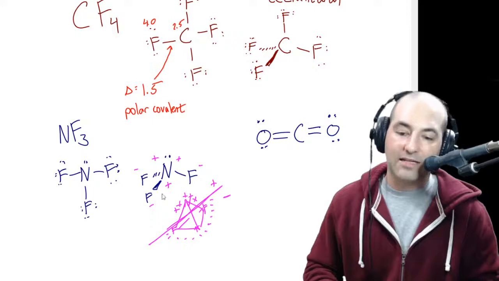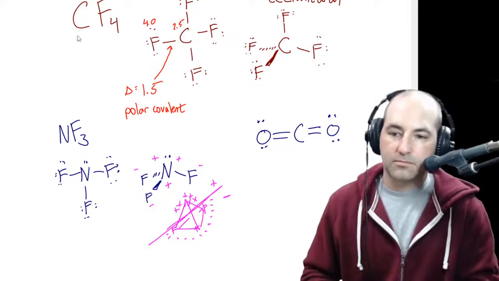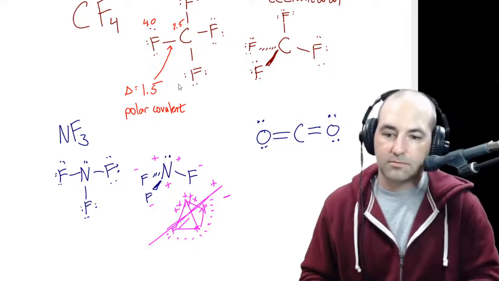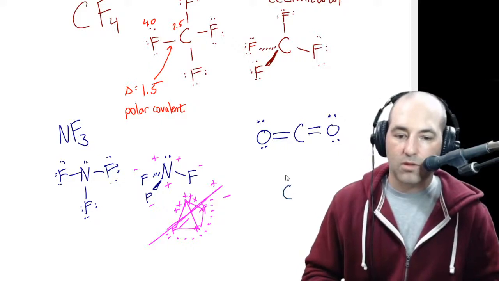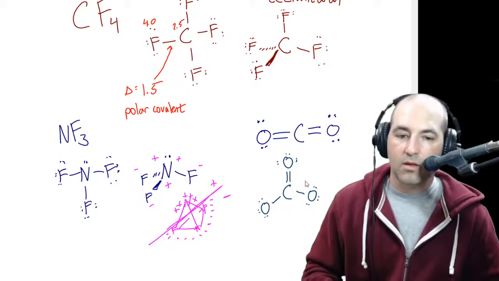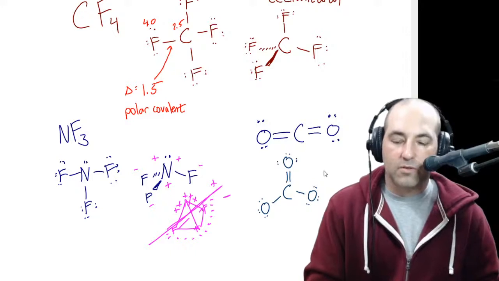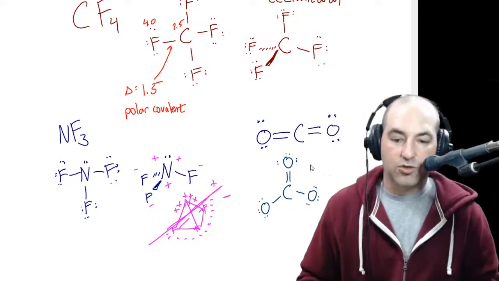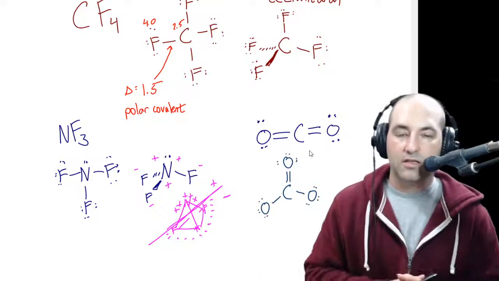If this were flat, so if this were a molecule like, let's look at carbonate ions. So carbonate ends up being trigonal planar like this. Now, because that is all flat, rather than being like a pyramid, this is more like a triangle, then the oxygens being at those corners of the triangle end up canceling each other out.